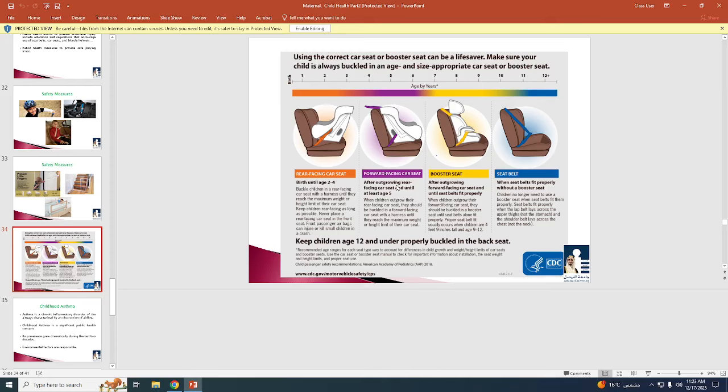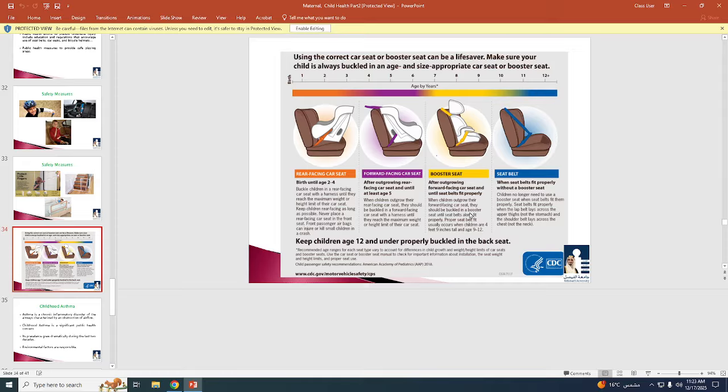Forward facing is until age 5. Okay, so if you have a picture, you just need to know until when the baby is recommended by CDC to sit in this car seat. After that, we have the booster. The booster is most probably until the baby is 9, or it can be 9 to 12.